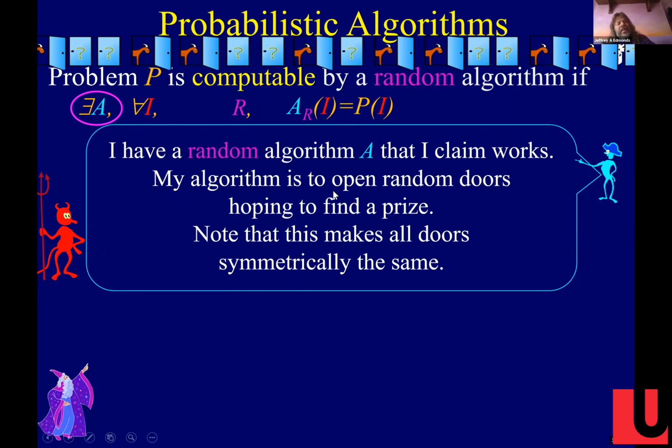Now the advantage of this, as far as the adversary is concerned, is that he knows I'm going to open a random door, but he doesn't know the coin flips. So if you look ahead in the game, he has to come up with the input without knowing the coin flips.